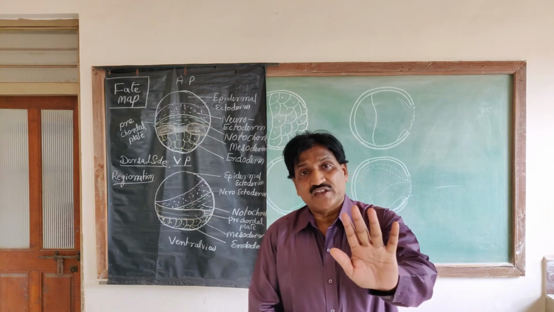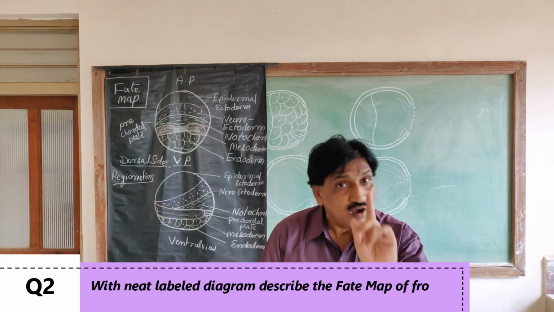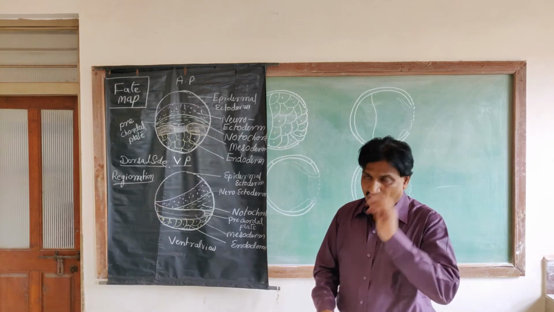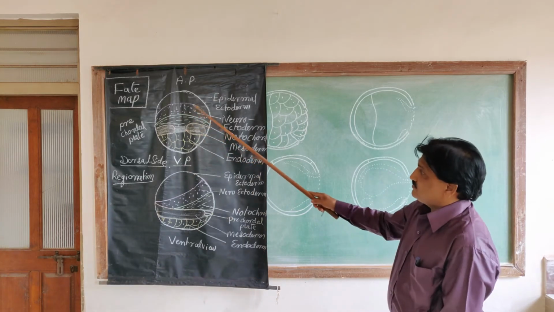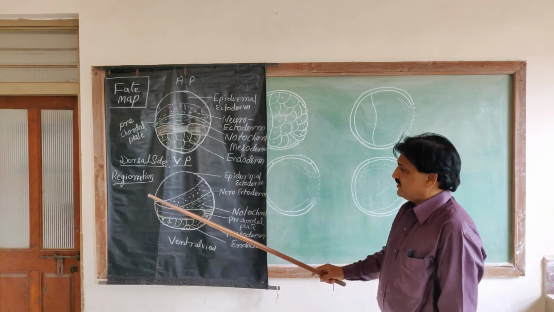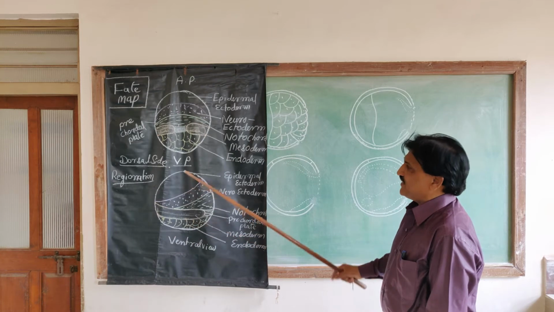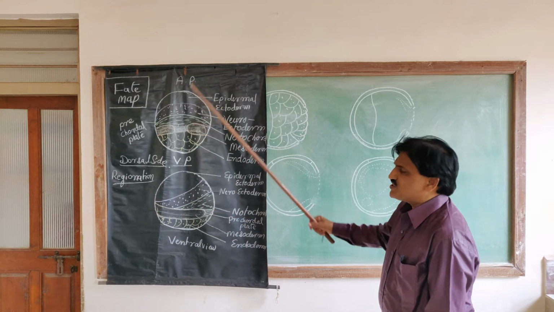Generally, a 5 marks question: with neat labelled diagram, describe the fate map of frog. I am telling frog. You have to draw 2 diagrams. One diagram is the dorsal side and the other is the ventral side.